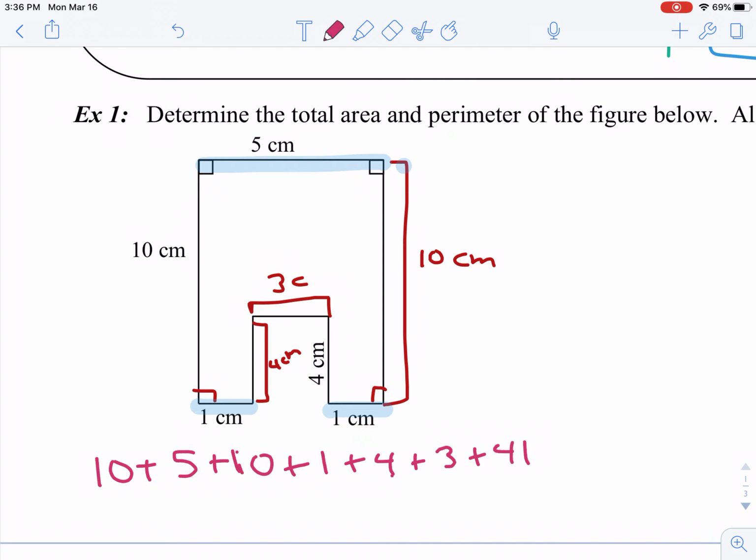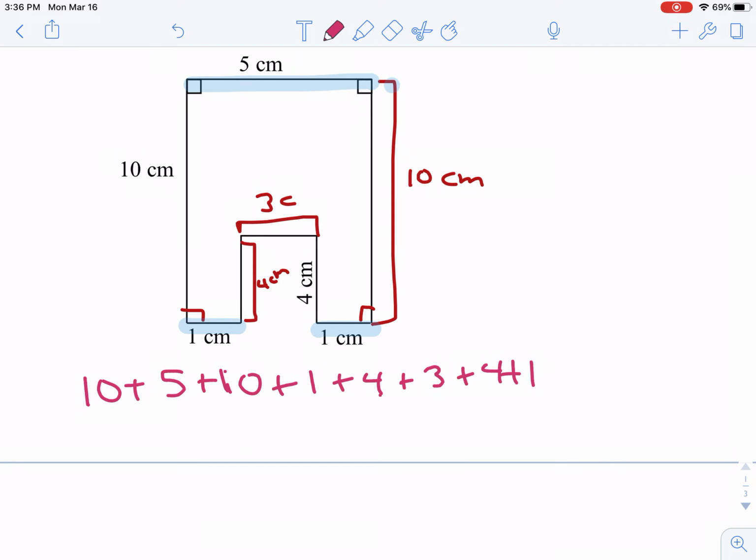That should say plus 1 plus 4 plus 3 plus 4 plus 1. And so that gives us our perimeter when I add that up: 10, 15, 25, 26, 30, 33, 37, 38. So 38 centimeters is our perimeter.